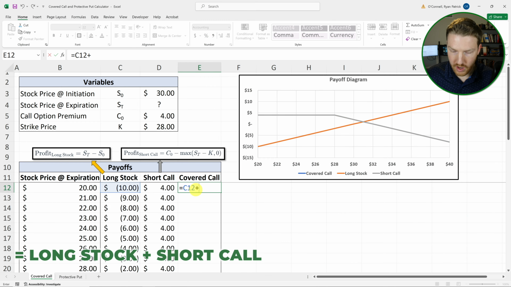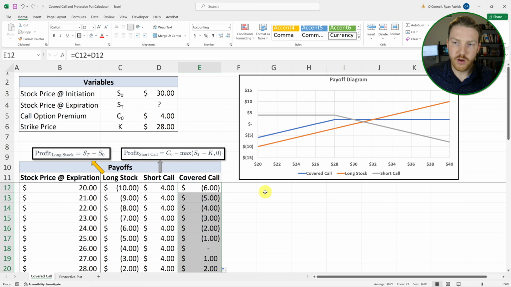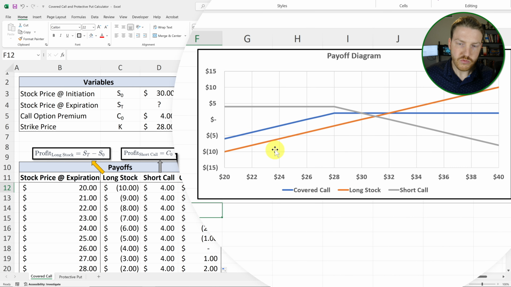We combine the payoff of the long stock and the payoff of the short call, and we'll shoot this all the way down. Now you can see the covered call strategy, and we're going to compare it to the long stock strategy. If all I did was go long one share of stock, I would have this orange payoff line. But if I do the covered call, which means I both have that one long stock and I sell one call option, now I have this blue payoff line.